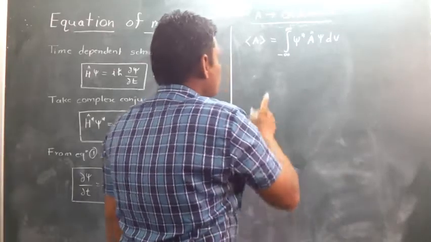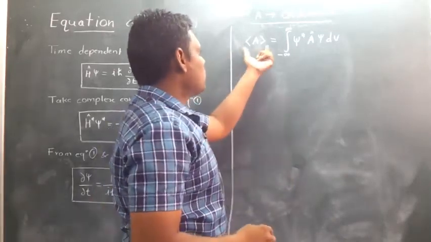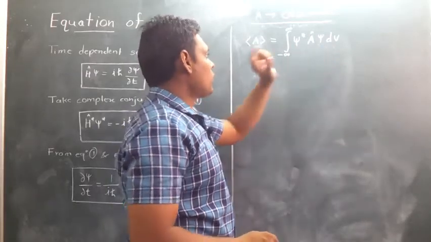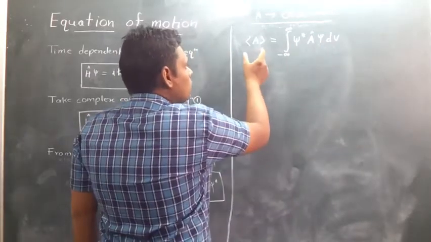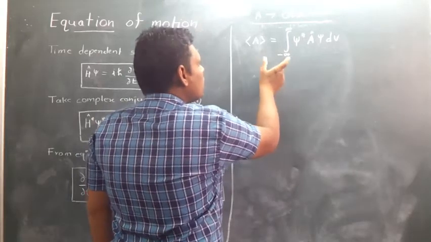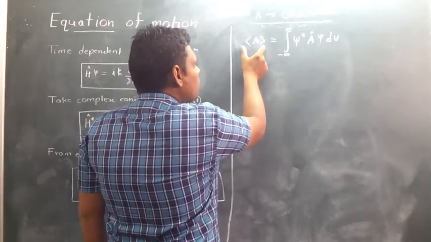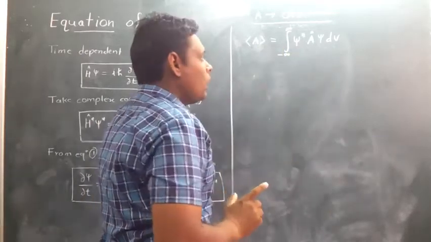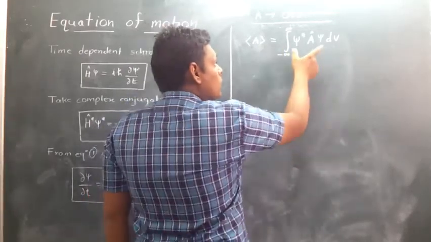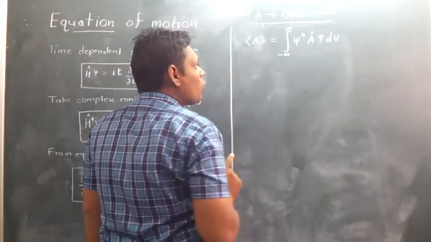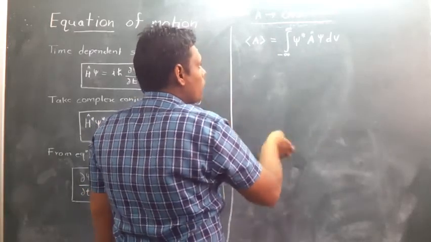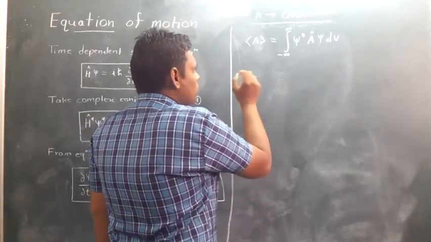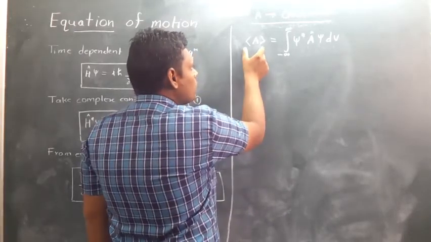This is the way to write the expectation value of any observable, and you can also replace this quantity with this, vice versa. Now I have to take the time derivative of this expectation value.